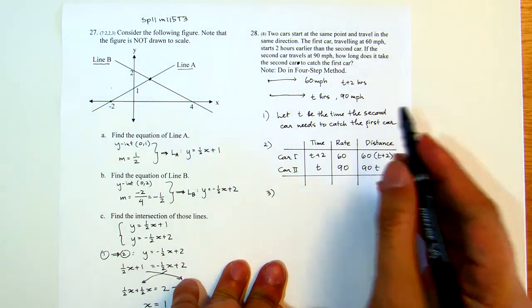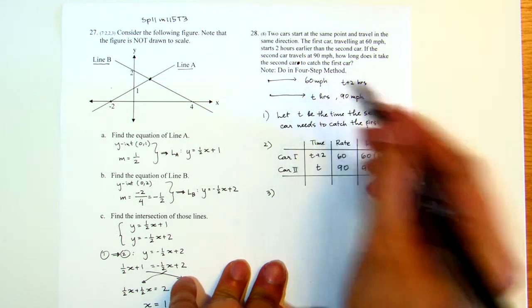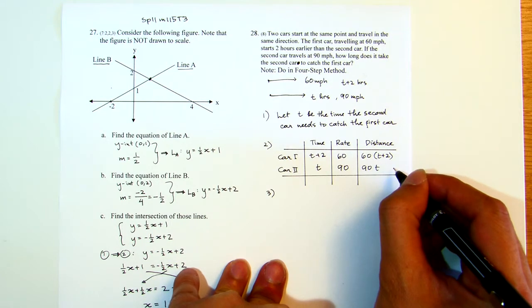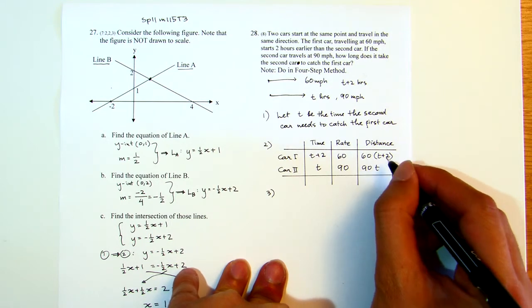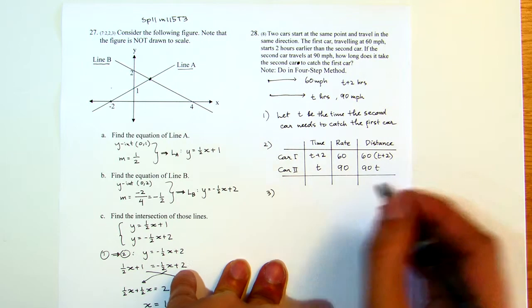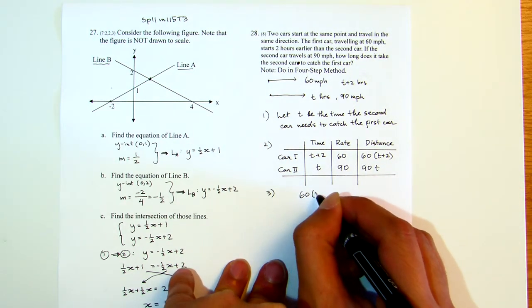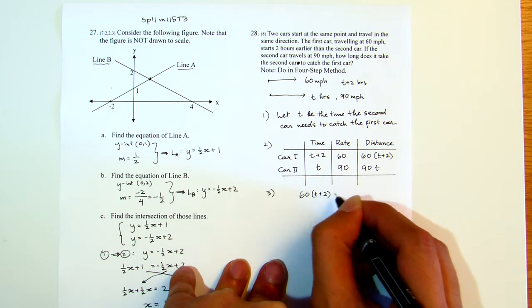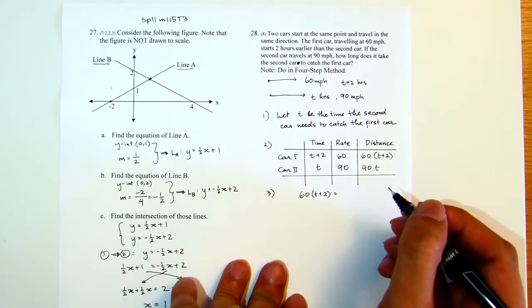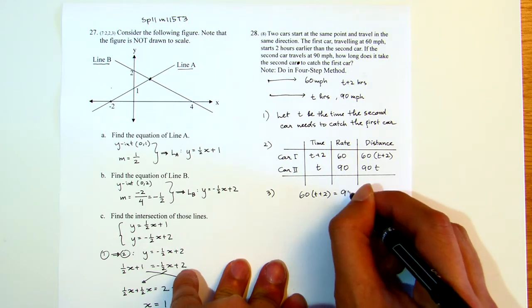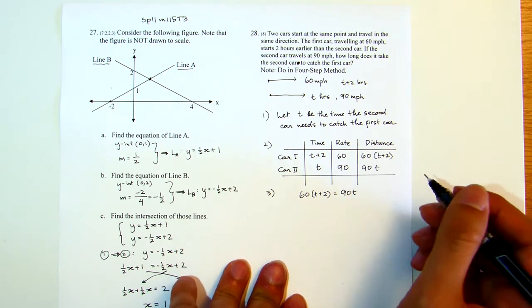Which means, by the time the second car catches the first car, they should have traveled the same distance. Now, because they have the same distance, we will set them equal to each other. 60(t plus 2), that's the distance traveled by the first car when the first car gets caught by the second car, should equal the distance traveled by the second car.